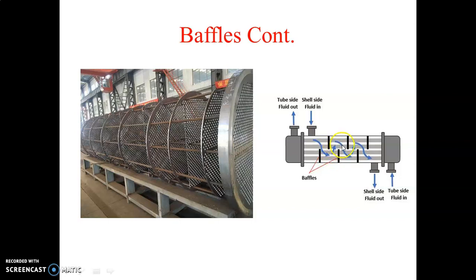Again it passes through this baffle, then again this side, and again this side. In this way we can create turbulence, increase the velocity, and also provide structural support for the tubes. So these are the functions of the baffle.